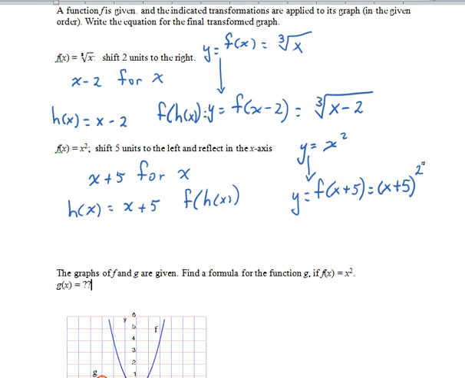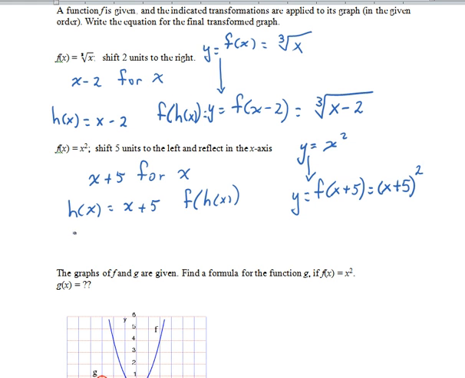Now the next thing that we want to do is to reflect the graph over the x-axis. That means we need to multiply all of the values of f of x plus 5 by -1.